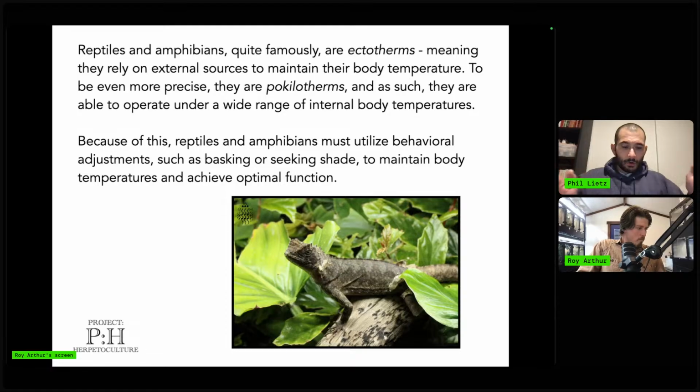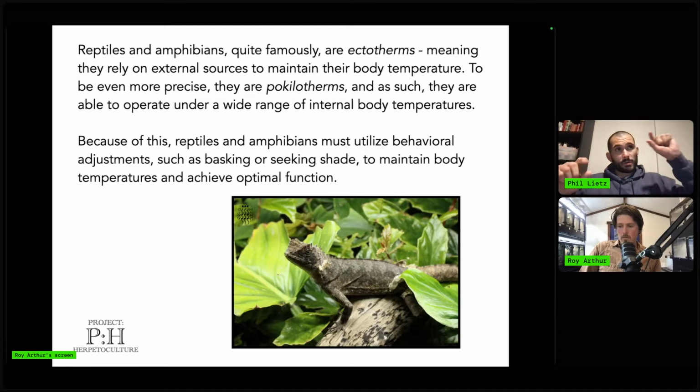A lot of times gradients can be kind of an abstract term, because in herpetoculture, a lot of people think thermal gradient. But for me, the way my mind conceptualizes gradients is like a visual gradient, thinking of a color scale or a value scale. So if you're a visual type learner and it helps you to picture something in your mind, think of a scale of squares that goes from black to white or from red to white or blue to black or whatever.